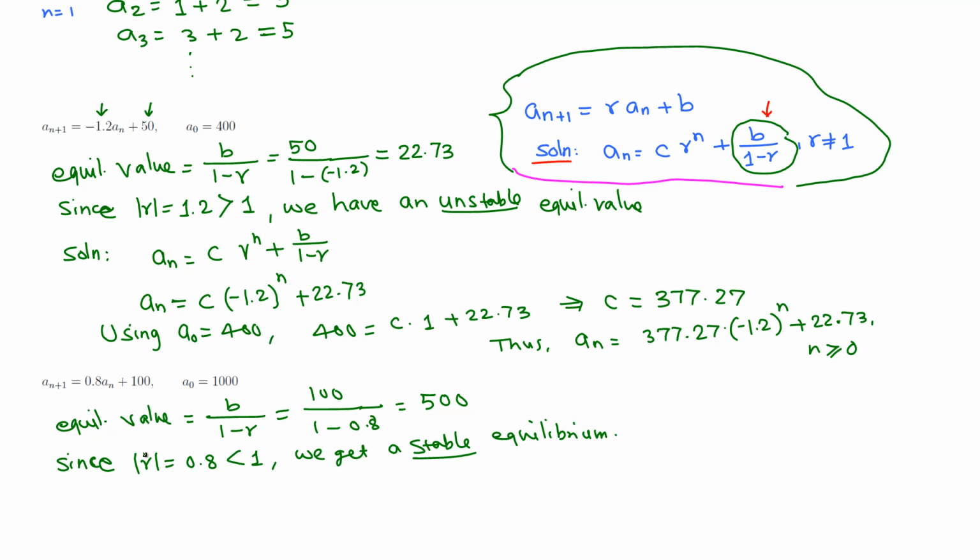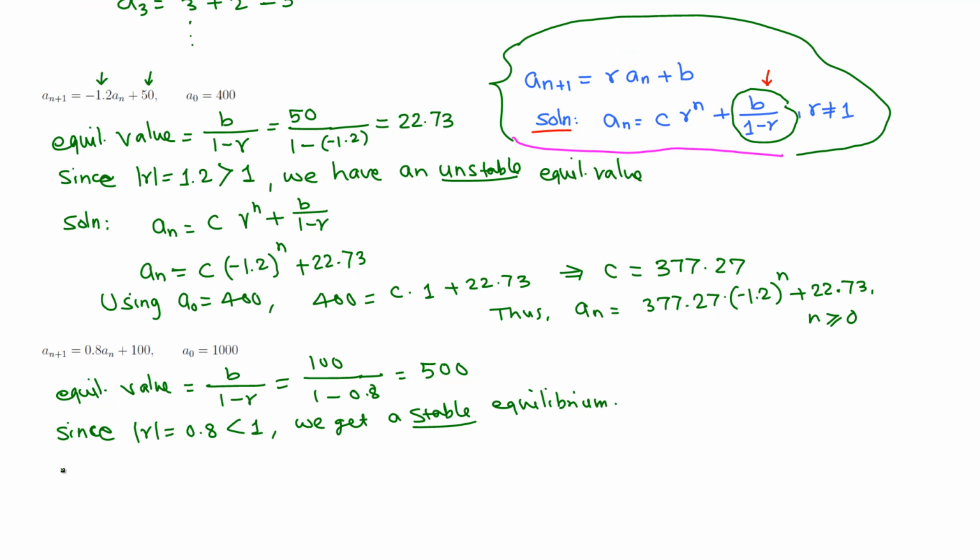Okay, now the next step is we need to find the solution like in the previous question. So the solution a_n is given by c times r raised to n plus the equilibrium value b over 1 minus r, and c depends on the initial value a_0 equals 1000.